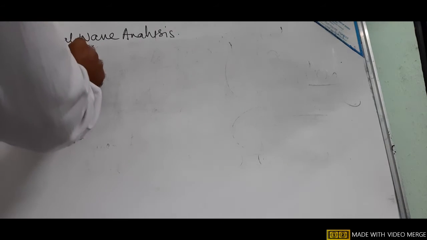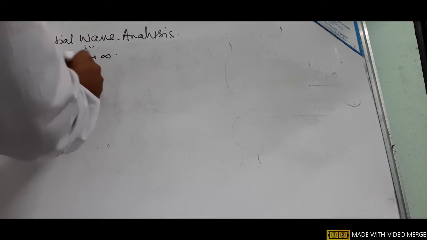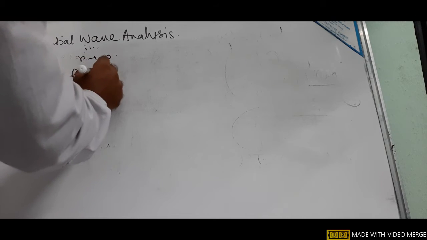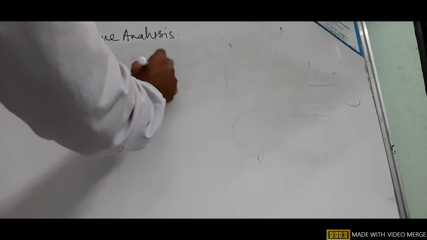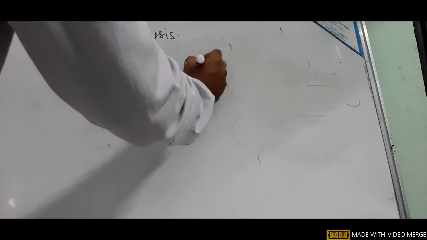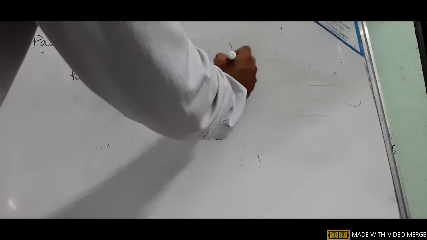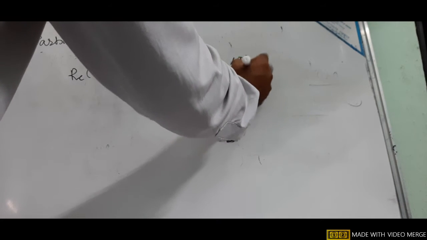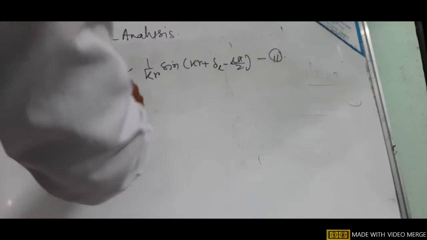So for r tends to infinity, we can write down R_l(kr) equal to 1 by kr sin(kr + delta_L - L pi by 2). This is equation 11.